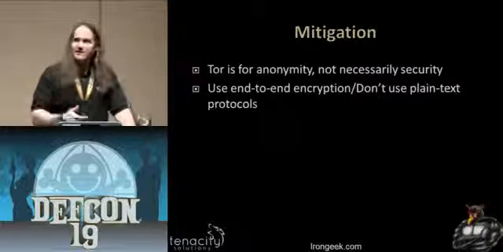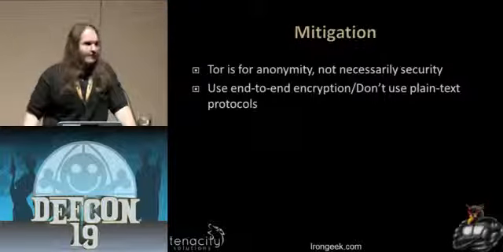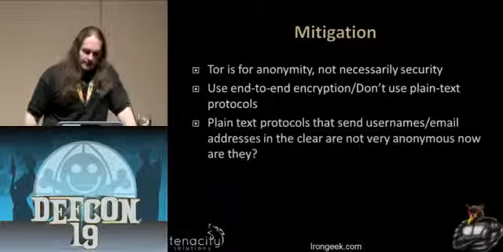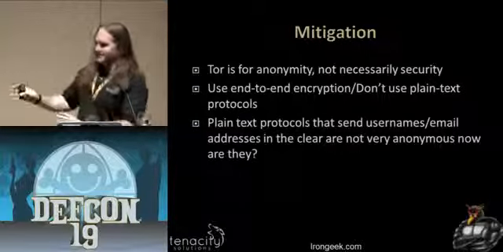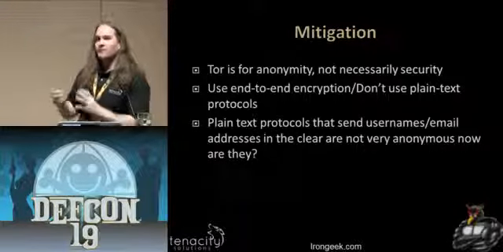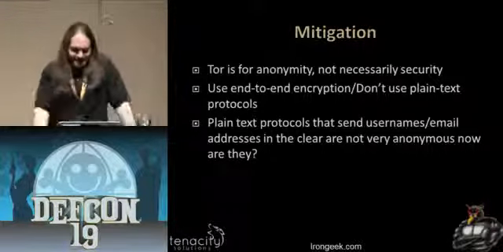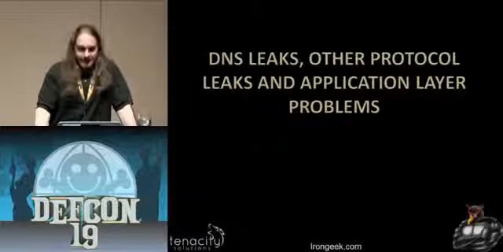You don't care if they see that someone accessed this web page. Your email, however, is a slightly different matter. Don't use plaintext protocols that send usernames and email addresses. You're not very anonymous if people know your email address and name. But strangely enough, people at that embassy were doing it.